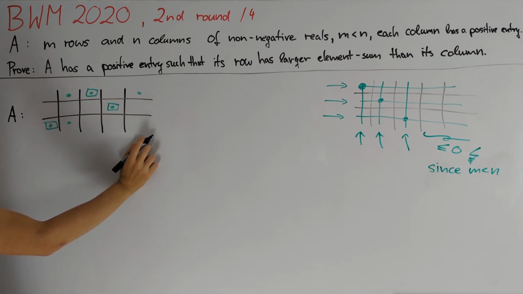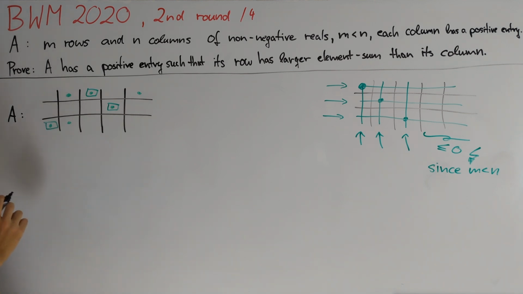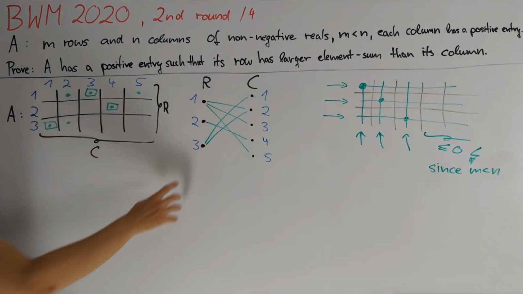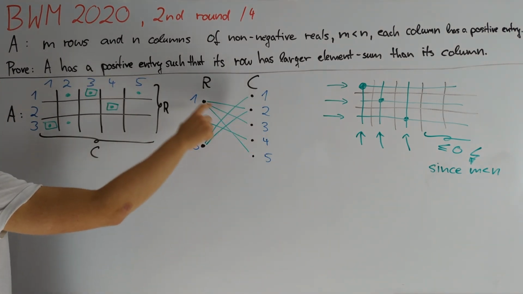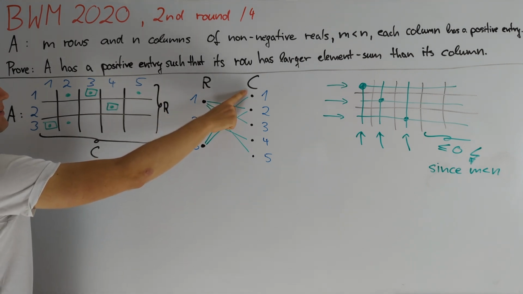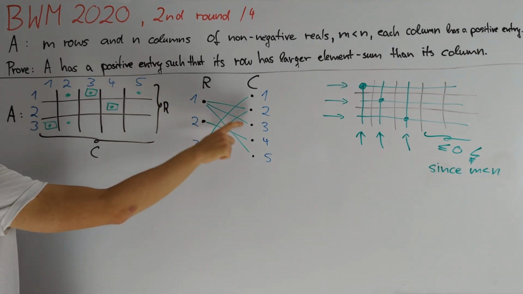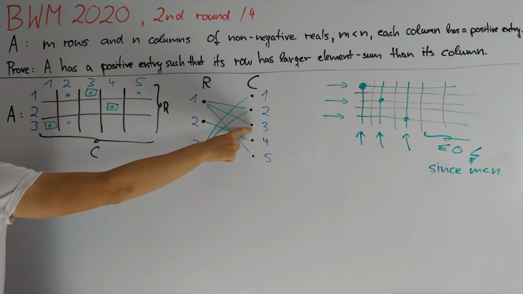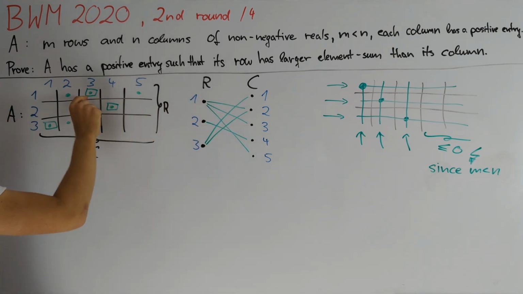The key idea for doing this is that we can associate a set of positive entries lying in distinct rows and columns of A with a matching in the following graph. Namely, we take as vertices of our graph the set of rows R plus the set of columns C, and we connect a row with a column, for example 1 with 3, if the corresponding entry, in this case row 1, column 3 in our table, is positive.